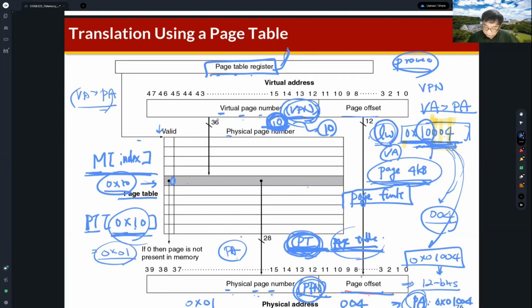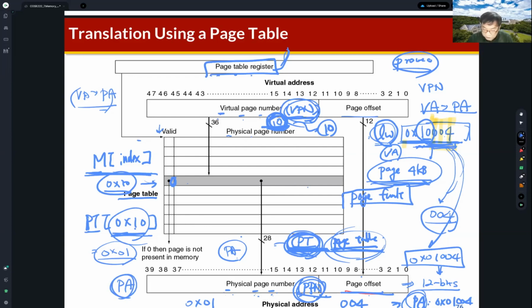When the page table is accessed for this translation, if the valid bit is 0, this page is not in the physical memory. Why do we need this physical page number? In order to generate the physical address, and then we use the physical address to access the RAM, the physical memory.